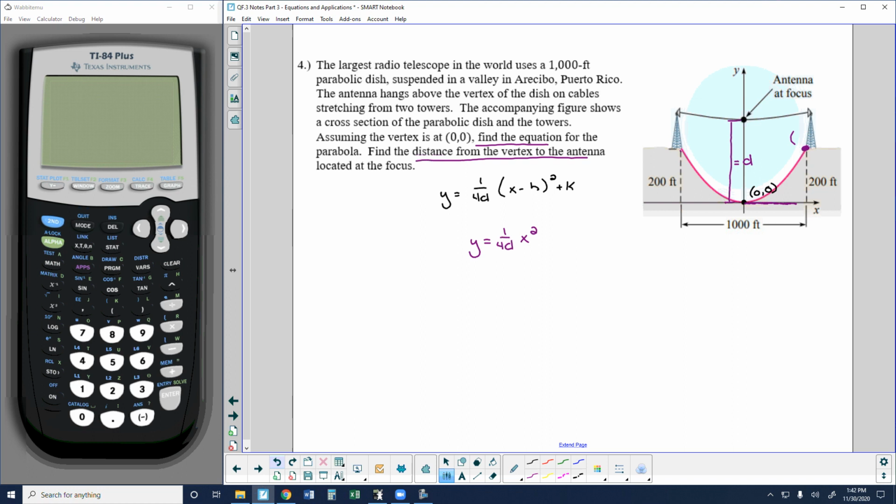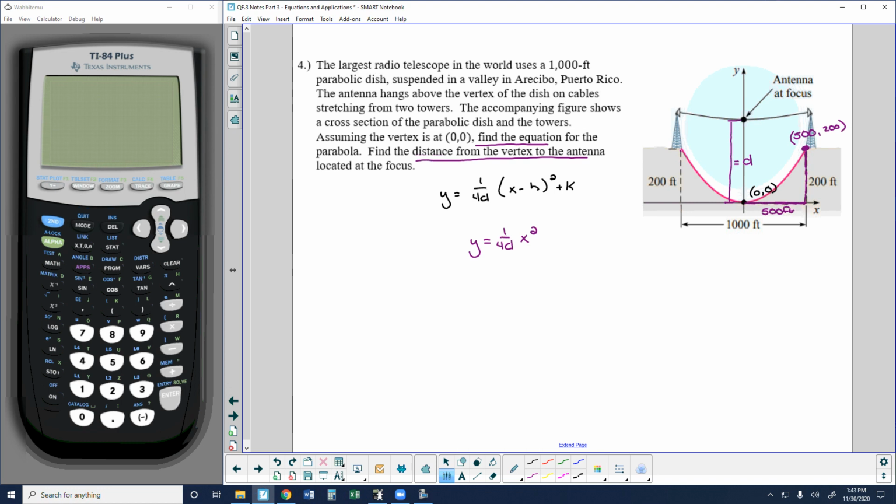This point would be that distance to the right, shaded here in this bluish purple color, and that distance up. Well, we know that the vertex is at 0, 0, and this is symmetric on both sides. So to the right, we must move 500 feet. We can see it's labeled that we moved up 200 feet.